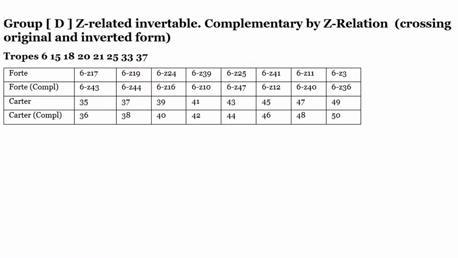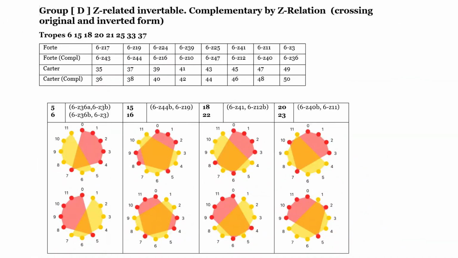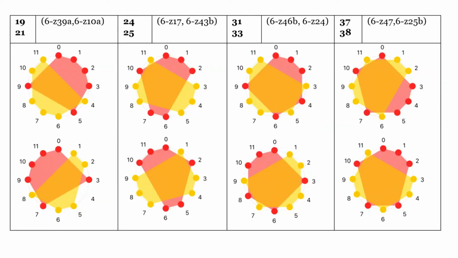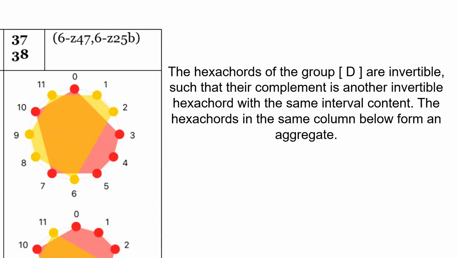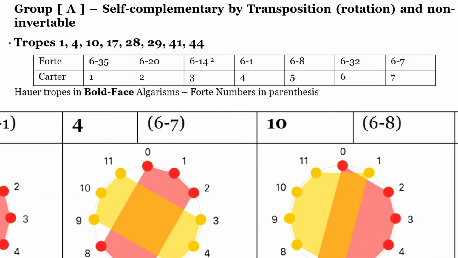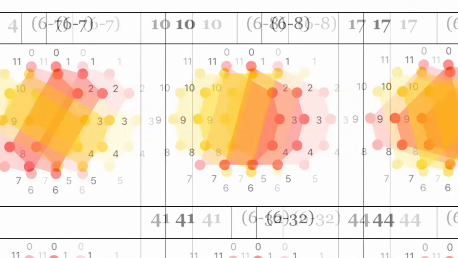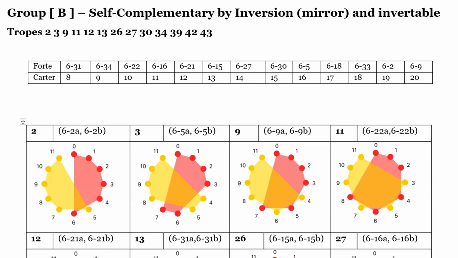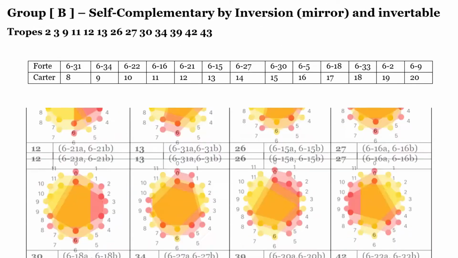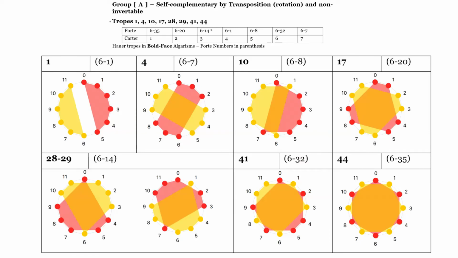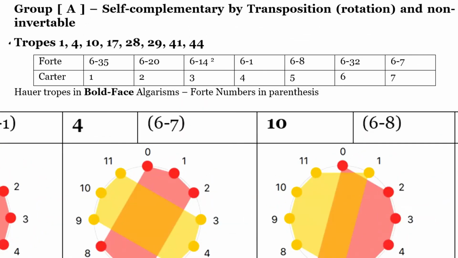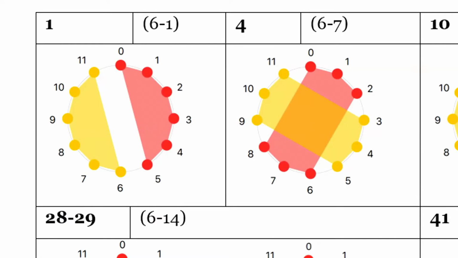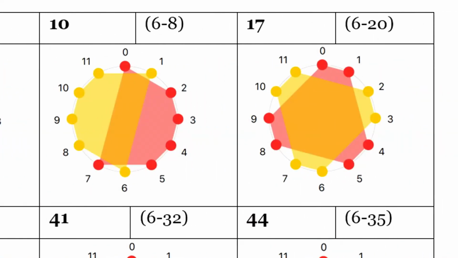In his harmony book, Elliott Carter made an ordering that organizes the hexachords into 4 families designated here by the letters A, B, C, and D. In my clockface representation, I used this classification of Carter to present and to make the association of the Hauer tropes to 44 numbers. According to Carter, the group A are non-invertible and self-complementary by transposition.